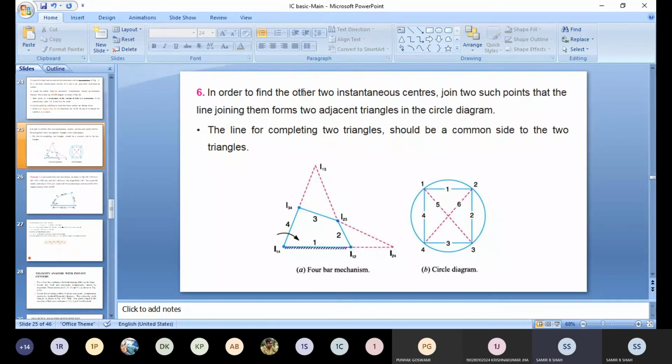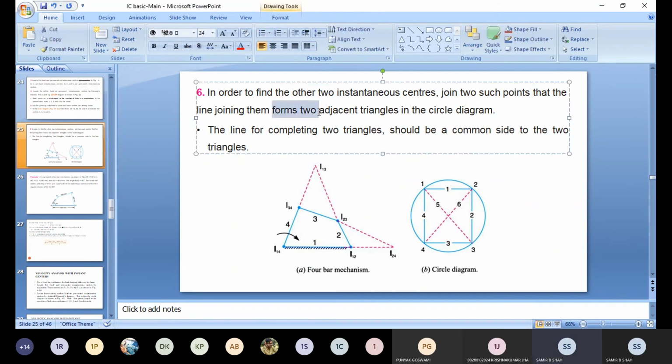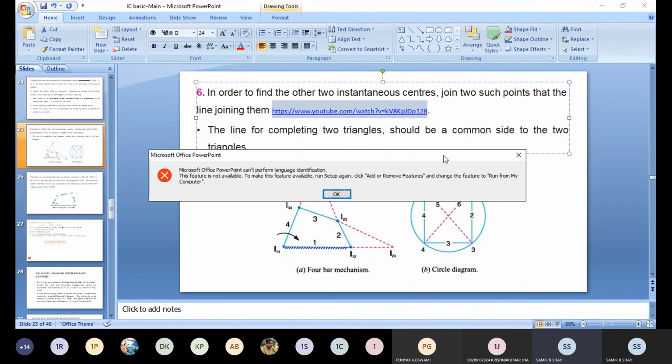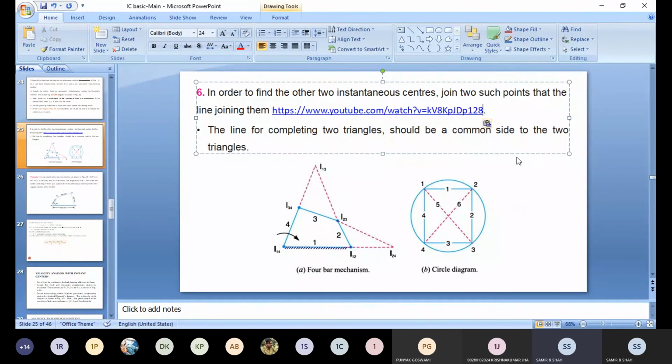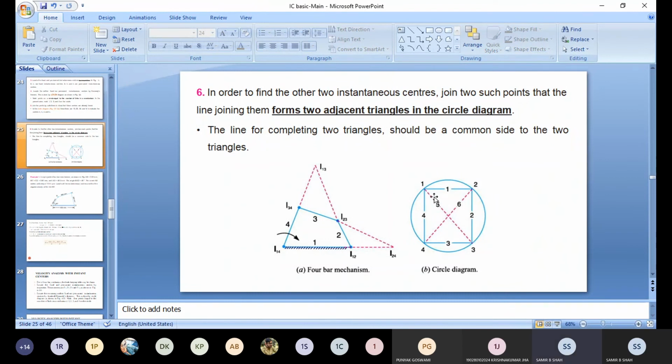In order to find the other IC centers, means yet 2 are remaining, join 2 such points that the line joining them forms 2 adjacent triangles. How to join? We require 2 IC centers, so how do we get them? We have to create the triangles.